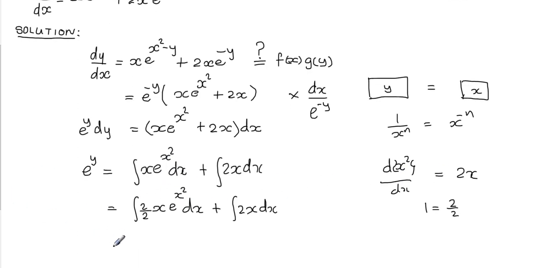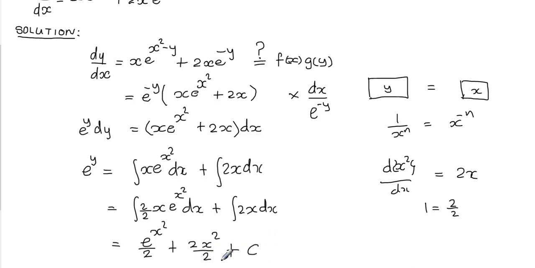Then we'll simply write this as e to the power of x squared over 2 plus 2x to the power 2 divided by 2, applying the power rule to this, plus a c. Then our integration task is done.